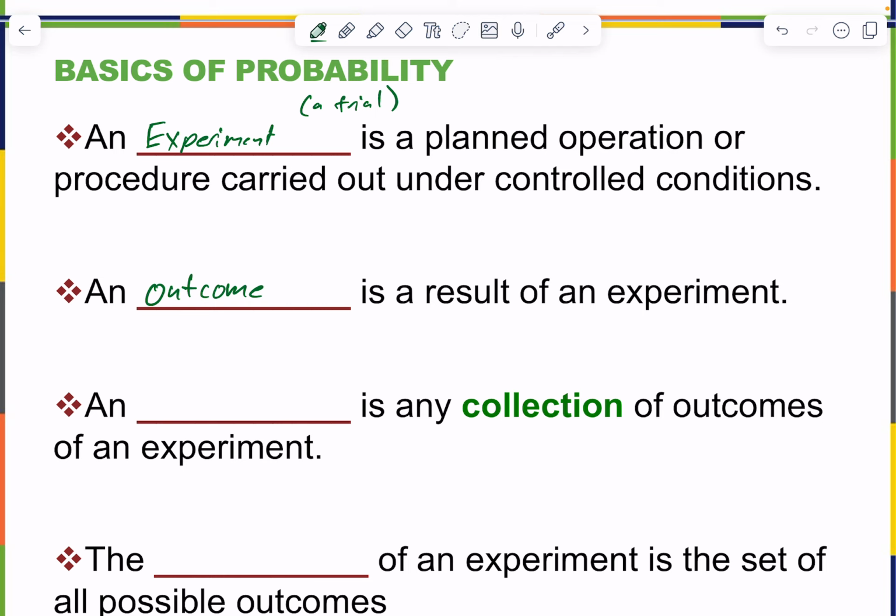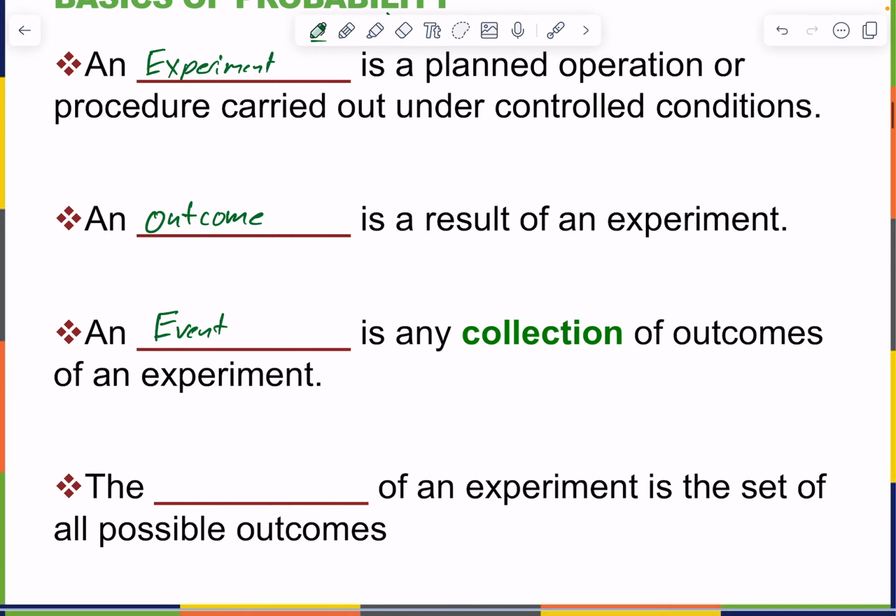An event is the term used for a collection of outcomes of an experiment. So you've got outcome, that's the single result of one experiment. And an event is a collection of possible results for the experiment.